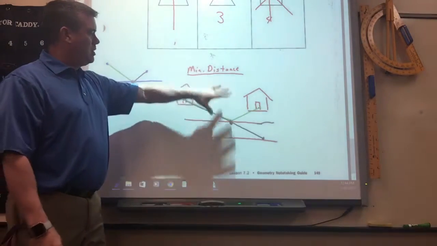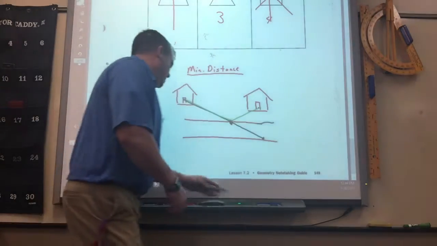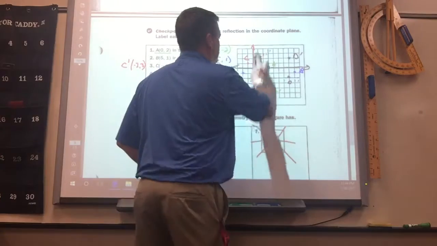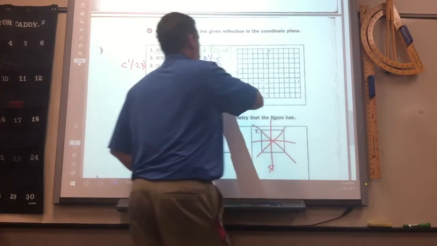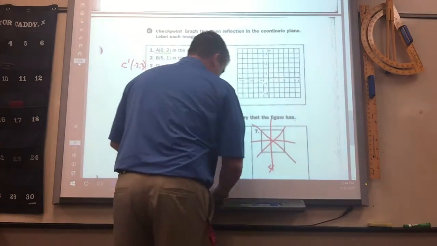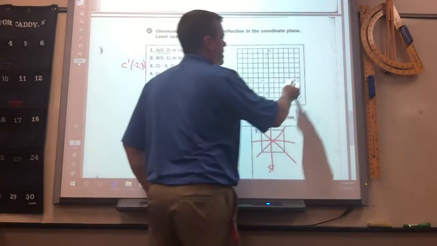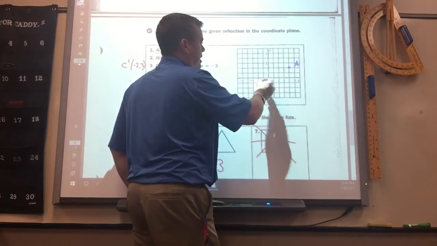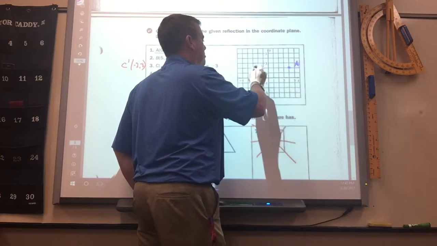There's a one where you got to sketch, and then there's one where you got to actually put them on a graph. So it's like this. They give you 2 points. Like one is 4 over 2 up, and the other one is, we'll say, negative 2, 1.